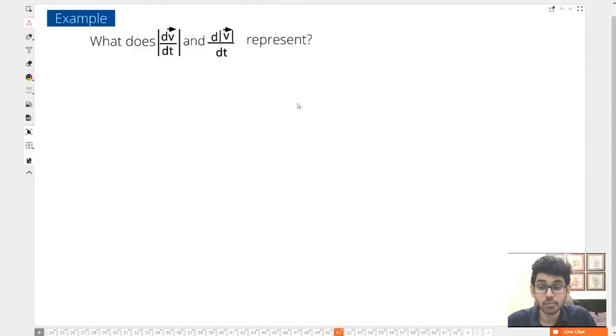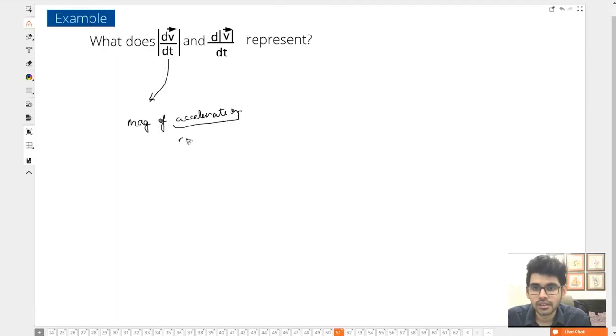Okay, so now yes, there is a motor. Decode this. In physics, especially for the advanced level problems in comprehension, you will find this. What is dv by dt? dv by dt is acceleration, right? This is the magnitude because the modulus signs are there. Magnitude of acceleration, which is the magnitude of rate of change of velocity.